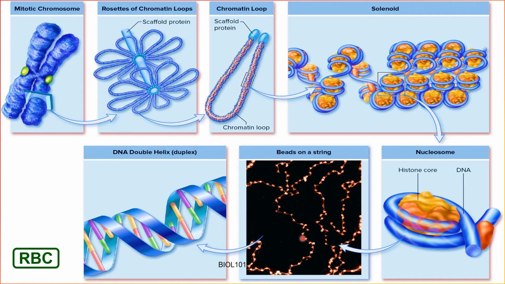Then it looks like this micrographically. These little bumps or little circular structures on strands of DNA, we refer to that as the beads on a string presentation, okay? Because it kind of looks like, well, beads on a string.